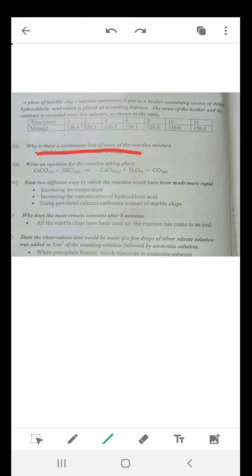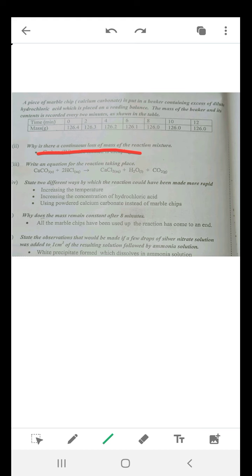Balancing the equation, calcium on the reactant side is 1, calcium 1 on the product side, carbon 1, carbon 1 on the product side. Oxygen is 3 on the reactant side and is also 3 on the product side, so it's balanced.